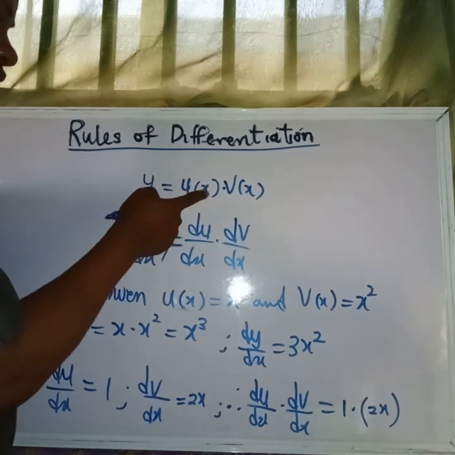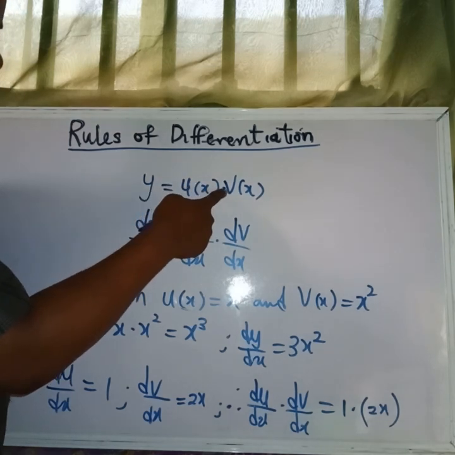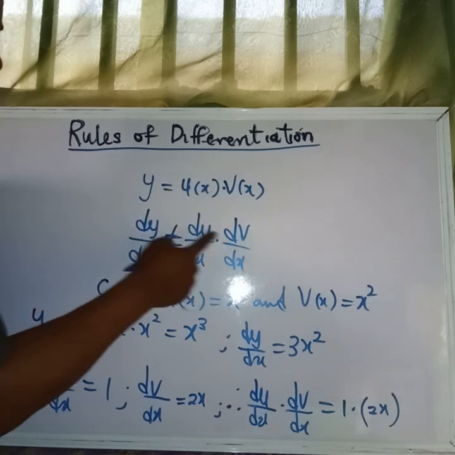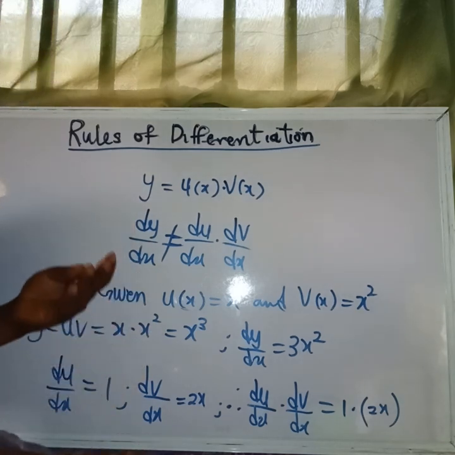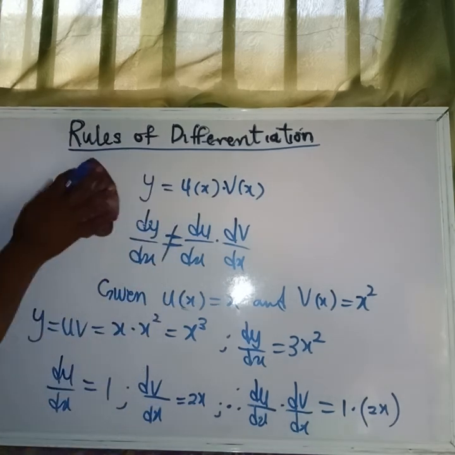Because of that, we see that the derivative of the product does not preserve the same thing, so we can't say this is equal to this. This is why we need to know exactly what the product rule is. So that is where we are going now.